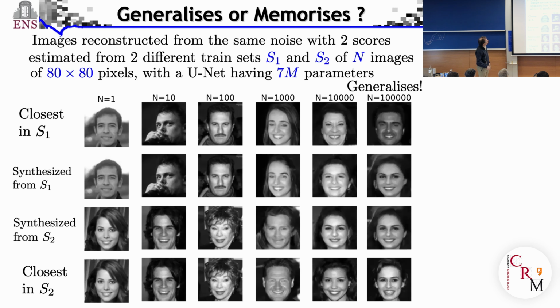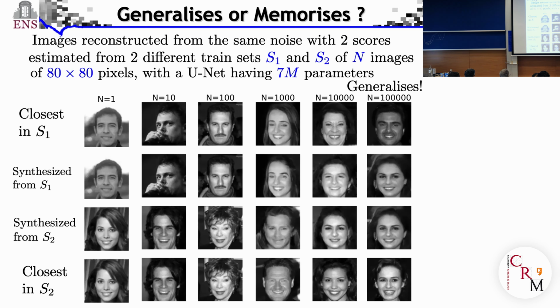Now, when you go to 100,000 images, something very different happens. The two neural networks synthesize essentially the same image, of high quality, which is totally different from the closest image in the training set. What that means is that you got out of the memorization regime, and now you are really estimating a score with two different training sets, and the scores are very close.